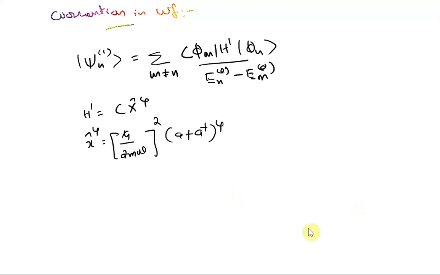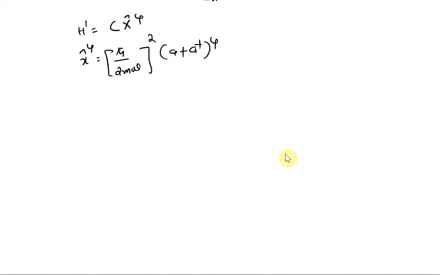So my phi n1, this is how I call it, the first order correction. I'm not putting the phi factor here. Just putting sigma m not equal to n, phi m, h prime, where that constant is coming out.